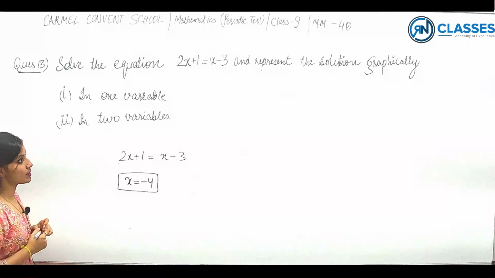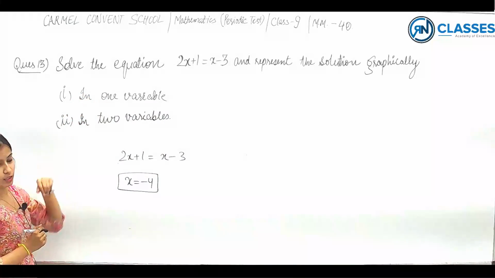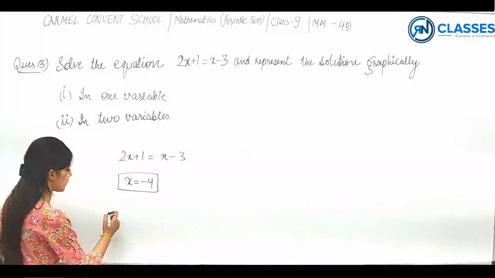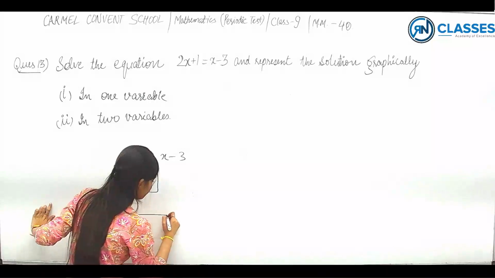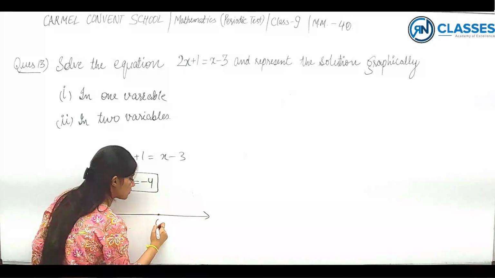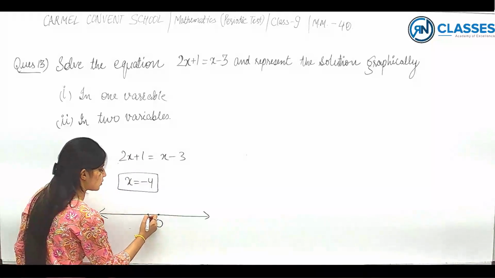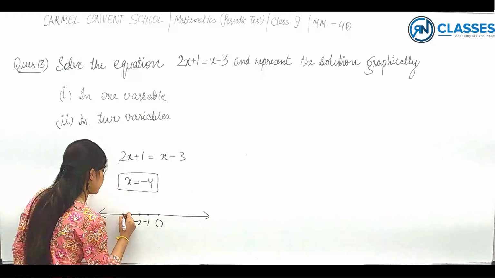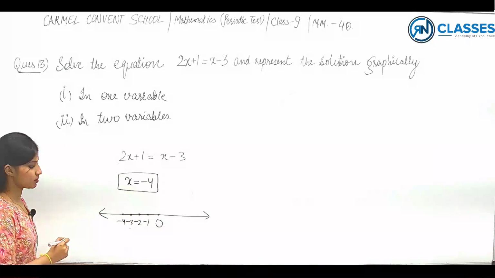Now we need to represent this graphically, firstly in one variable. In order to represent this in one variable, we need a number line. So this is the number line, origin, so 0, this is minus 1, minus 2, minus 3 and minus 4, right?